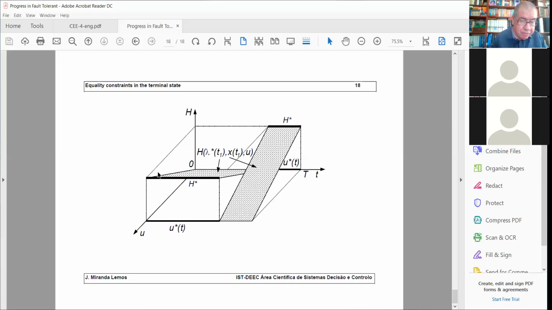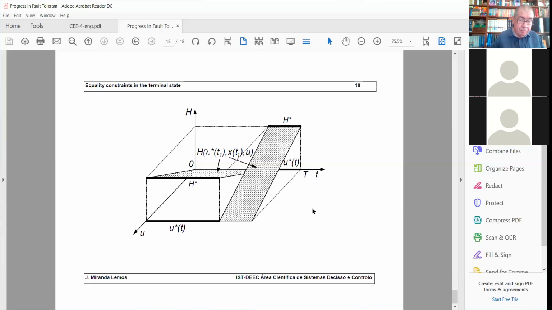So again, we have the Hamiltonian. You have to look from this side to see just a straight line in projection in the plane H-t. So this is an important property of the Hamiltonian for time invariant problems. Remember, it's for time invariant problems, which are the problems that we are going to consider mostly. Although the Pontryagin principle is also valid for time varying problems.